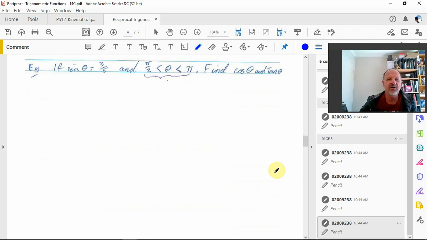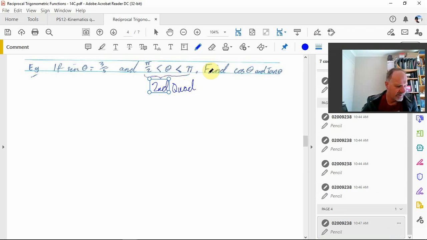All right, so here we go. Example: if sine theta is 3/5 and theta is between pi on 2 and pi, find the cos and the tan values. All right, there's a couple of ways we can do this, but anyway, this pi on 2 to pi is the second quad.